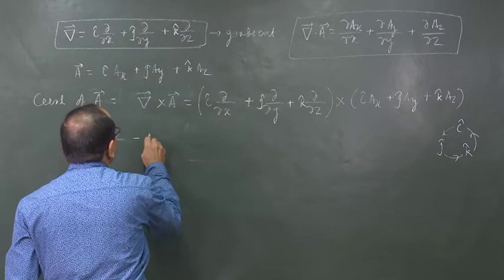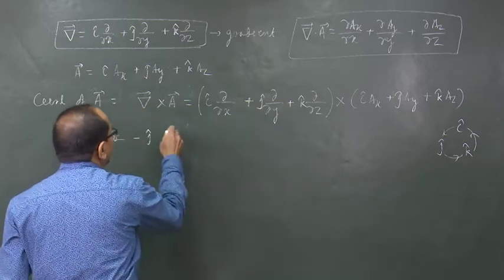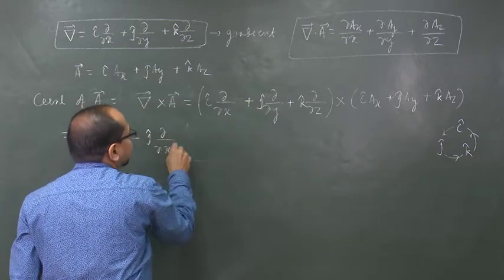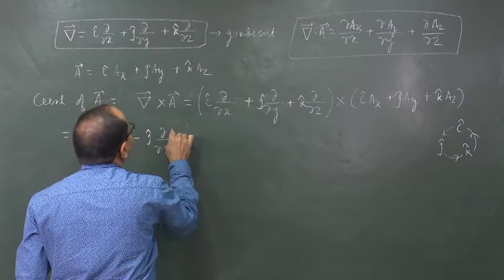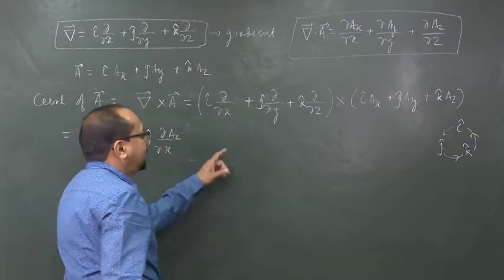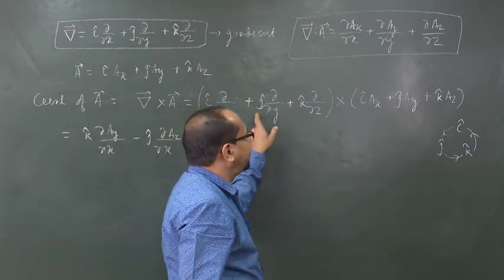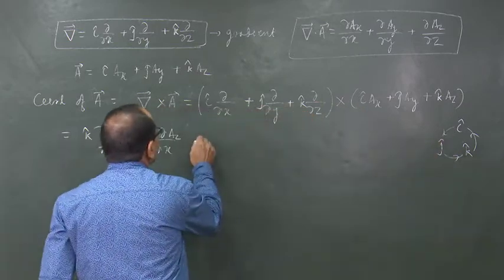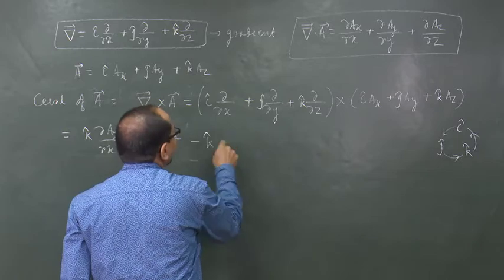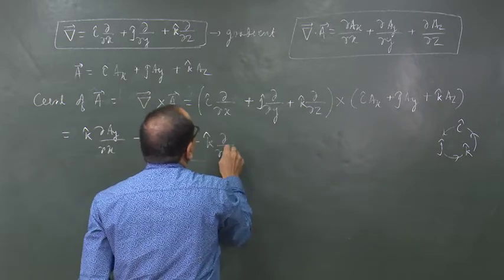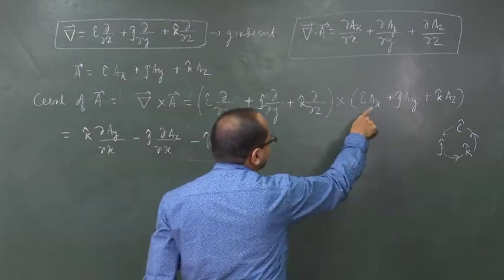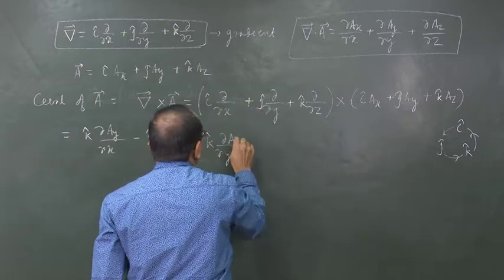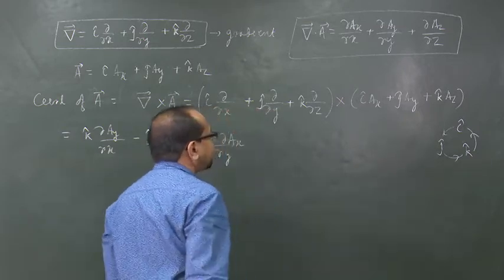So, it is minus j cap del by del x of Az. Then j cap cross i cap is minus k cap. So, it is minus k cap del by del y operating on Ax, del Ax by del y.